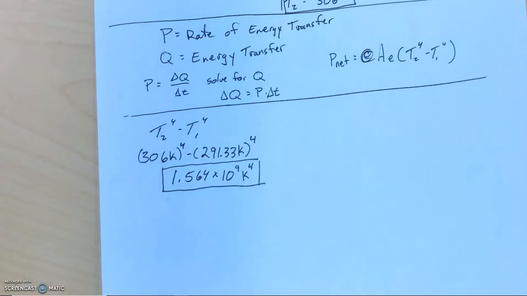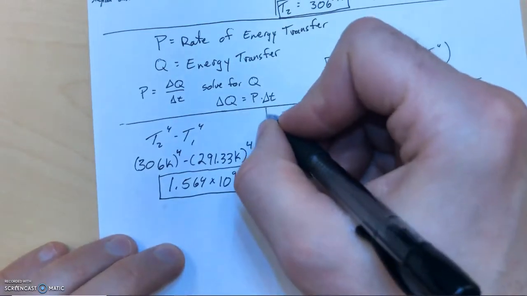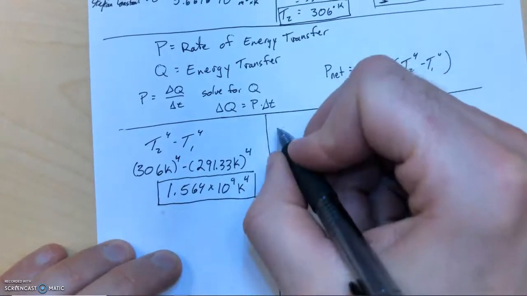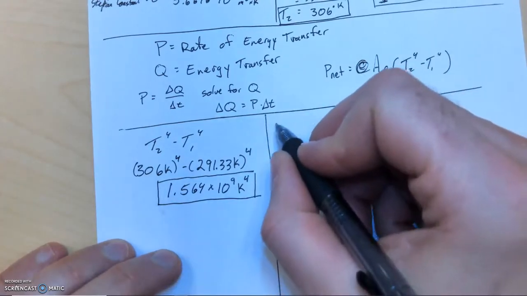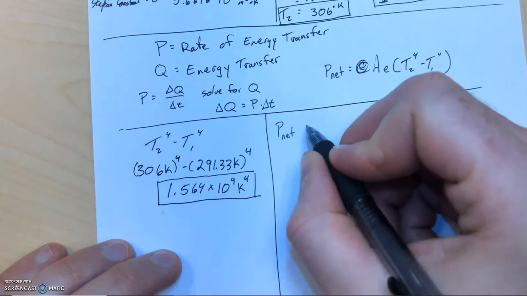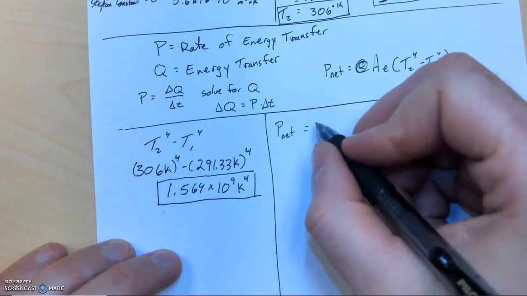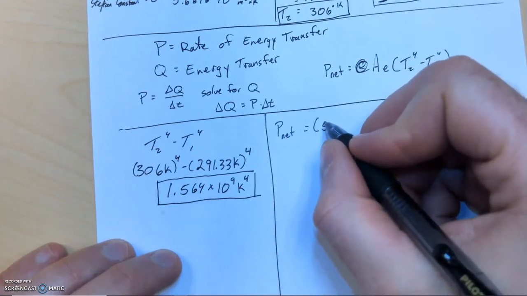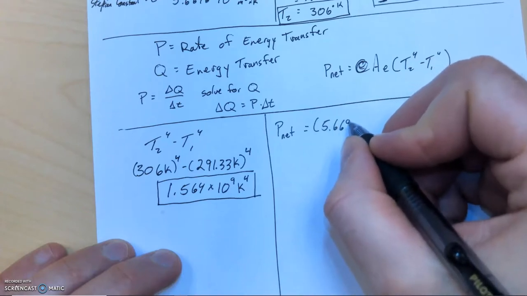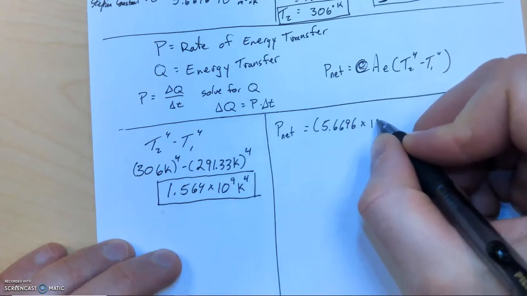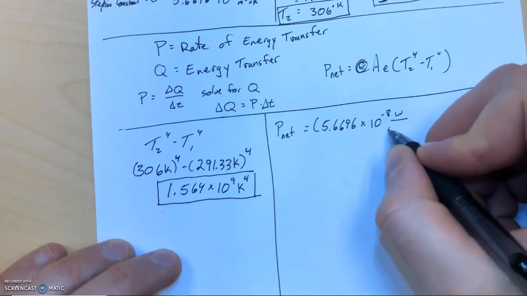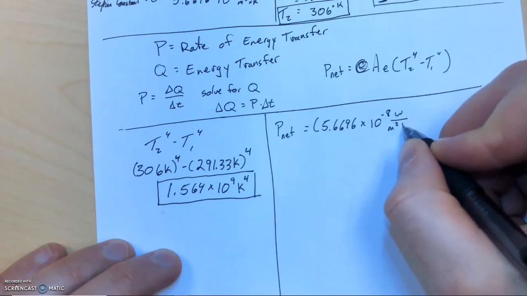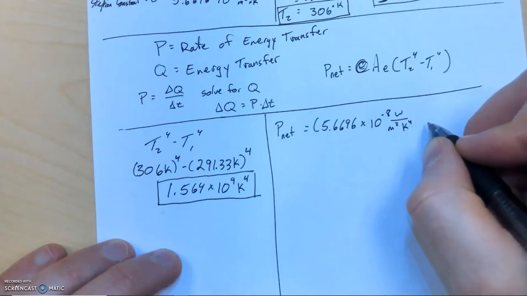All right, let's put down our P net. So here's our P net formula. Let's do some substitutions. So P net is going to equal Stefan's constant, 5.6696 times 10 to the negative 8th, that's going to be watts over meters squared Kelvin to the fourth.